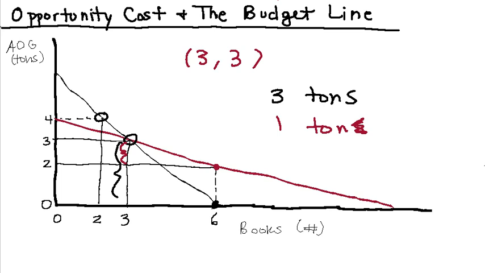I want to point out that since we have assumed that we have linear budget lines, at any point along the budget line, the opportunity cost of acquiring an additional unit of books is always going to be the same. However, if we don't have a linear budget line, that need not be the case.